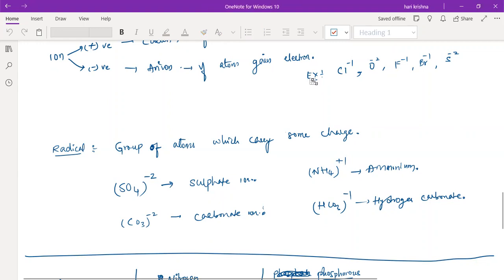Sir, you asked me the valency of group number 13. It is 3, sir. Yeah. Then what about the group number 15 elements? Sir, yes, sir, it is nitrogen, phosphorus, arsenic, antimony, and bismuth.